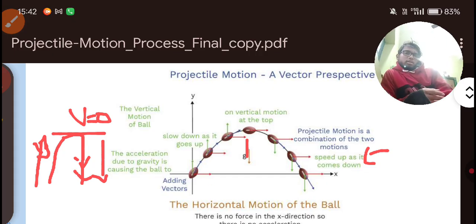Is this thing clear? The horizontal motion of the ball: there is no force in the x direction.